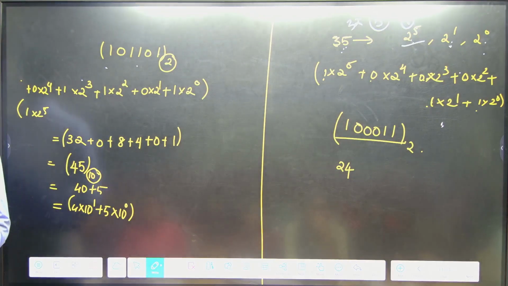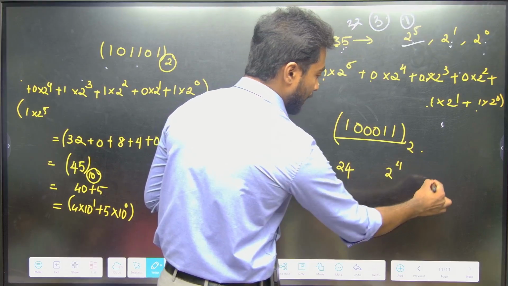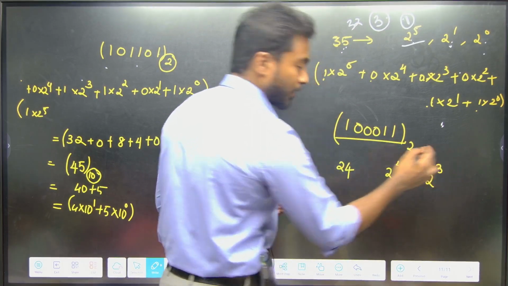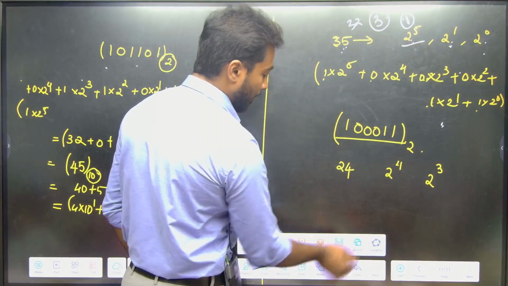Is there anything left out? So remaining everything is 0. One I can write as 2 power 4 and one I can write as 2 power 3. So the highest value is 2 power 4. That's it.